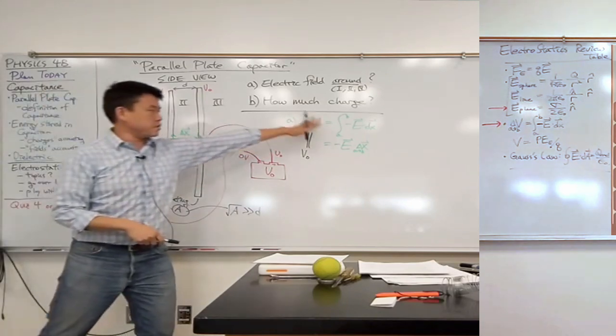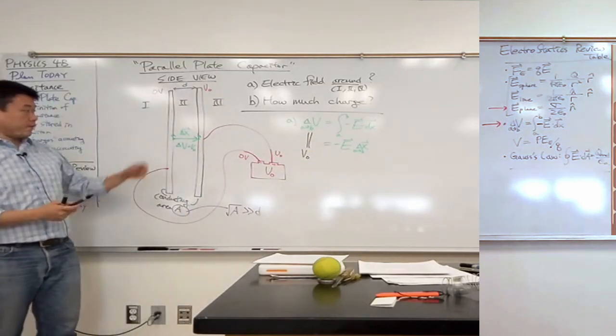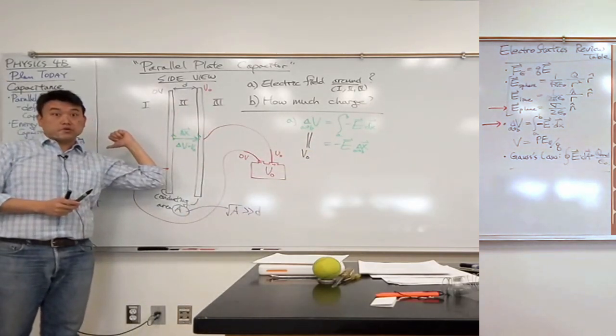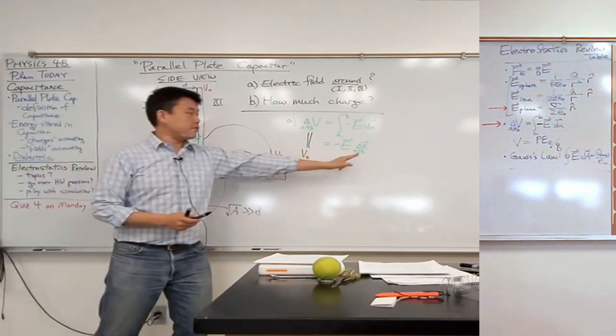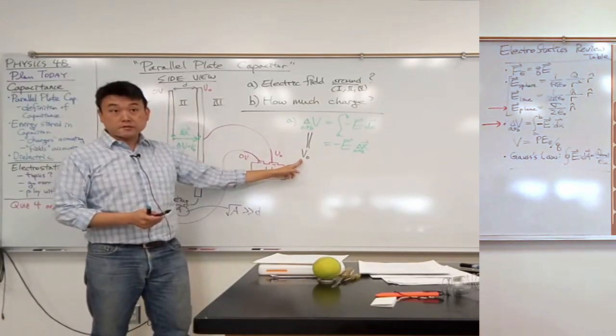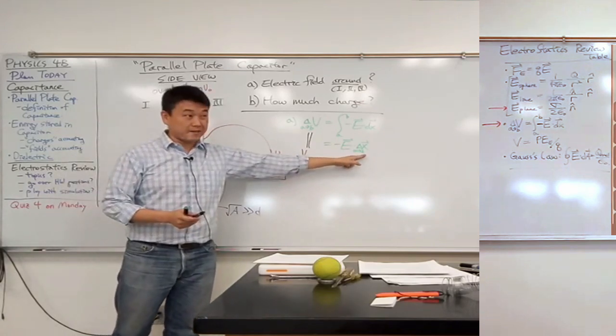Based on what you see here so far, would you say the electric field points to the right or points to the left? Points to the left, right? I have to do this dot product and multiply it by a negative to get a positive answer. So that means the dot product should be negative.